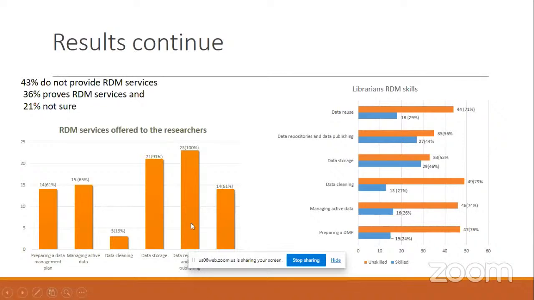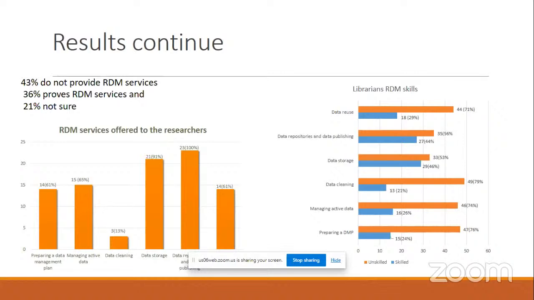And those that provide such services mostly provide data repository and publishing services, data storage services, managing active data, as well as preparing a data management plan.